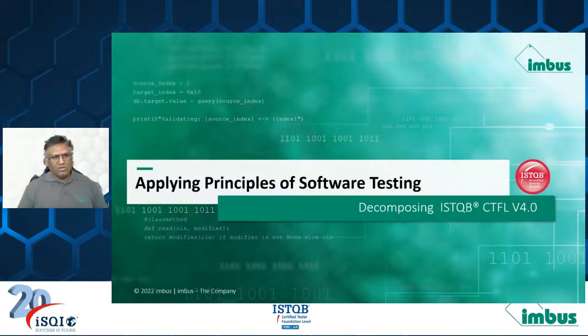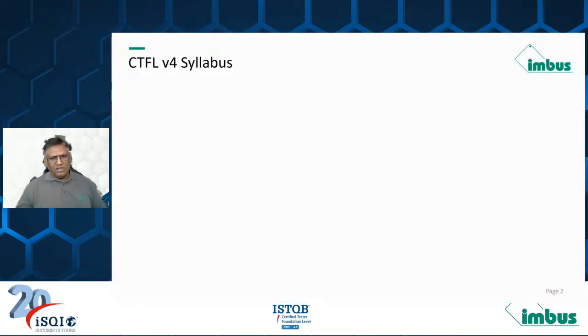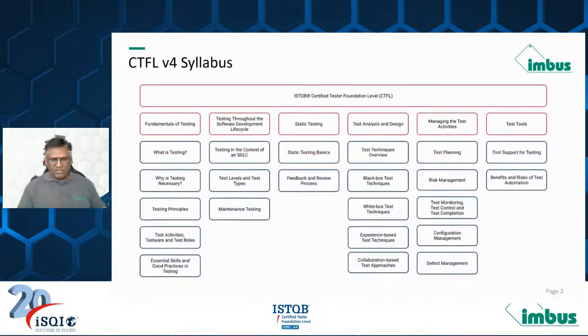As we know, one of the core products of the ISTQB is the Foundation Level, and now they have introduced the brand new syllabus, which is version 4. I just want to give you a little bit of an intro into this version 4 syllabus. What is the big change?